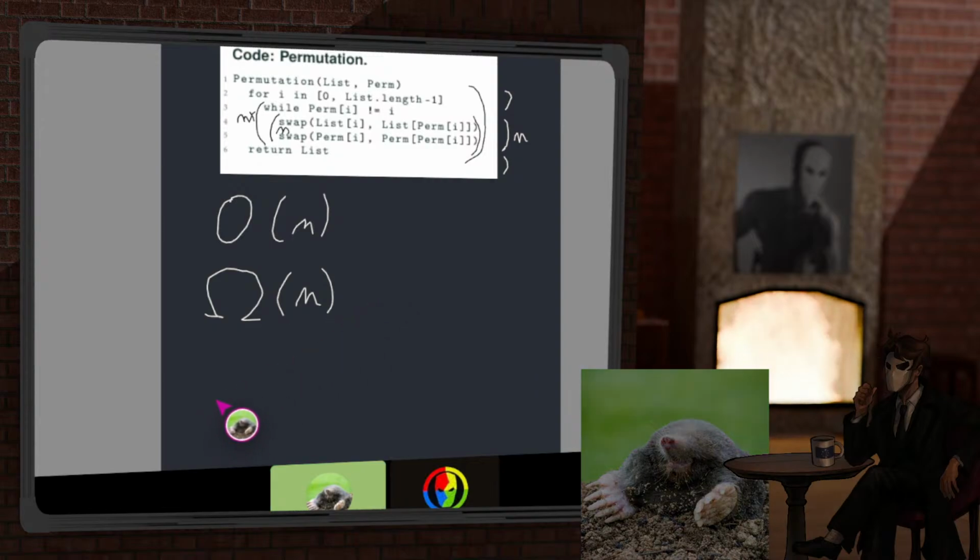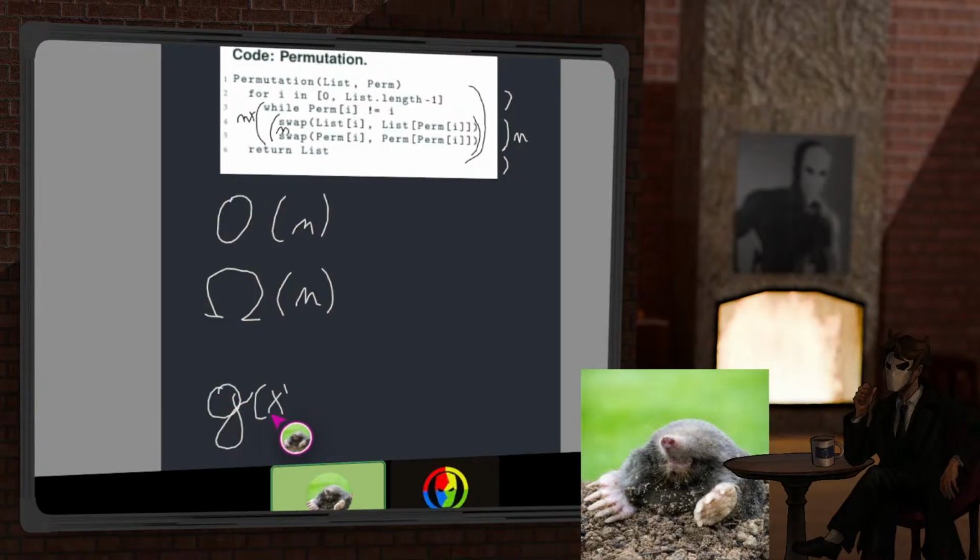Because if we have g of x, the time our algorithm takes on the example input we give, it will be smaller or equal to the worst case. Because by definition, the worst case will always be worse than any other case.